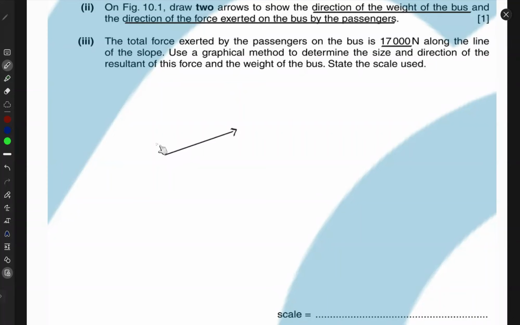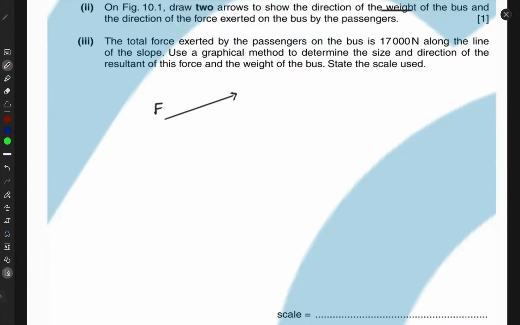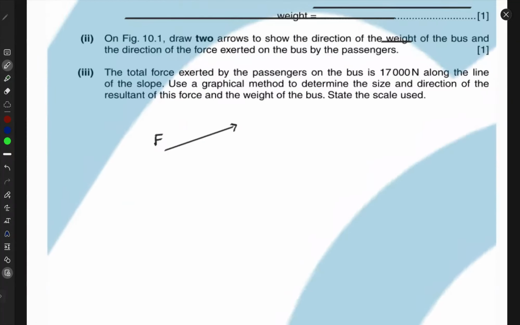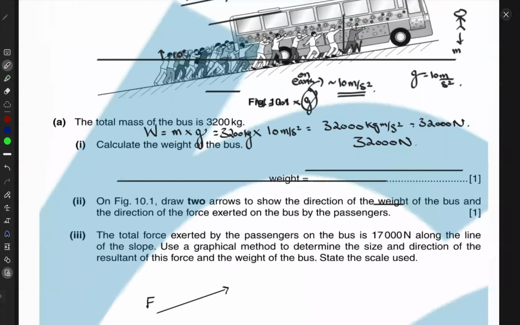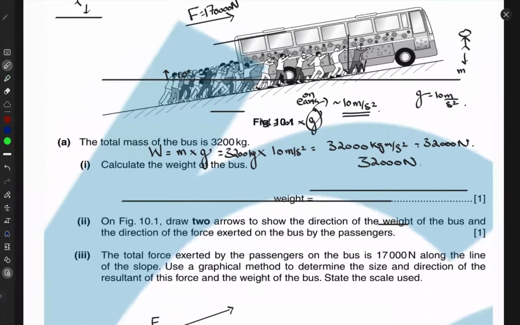Is this the correct force vector? Yes. Right? Okay, good. Because all you have to do is take this vector that you see upwards, this one, and just draw a vector like this.